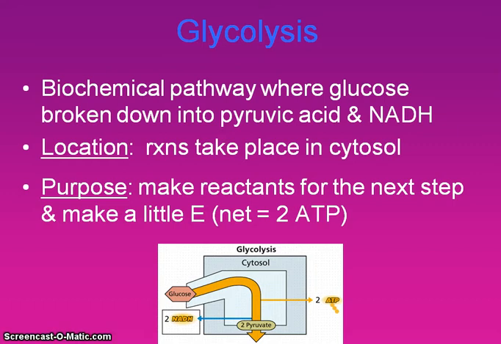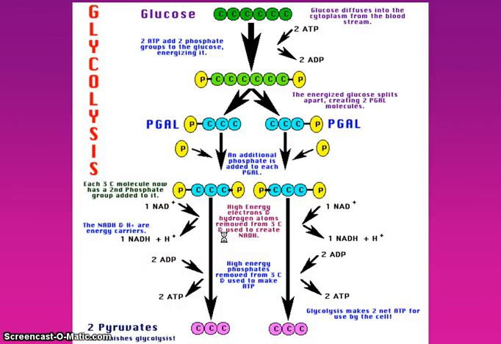And the purpose is to make reactants for the next step. So this isn't the end result of cellular respiration. It's just the beginning. We're breaking down glucose into pyruvic acid and NADH, and we're going to make reactants for the next step along with a little bit of energy. So a couple ATPs to keep the process moving.